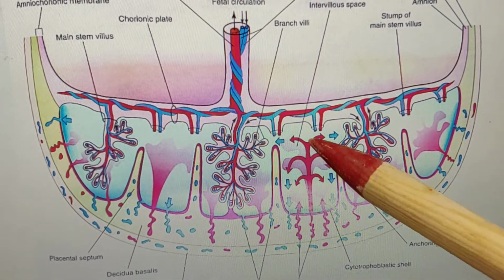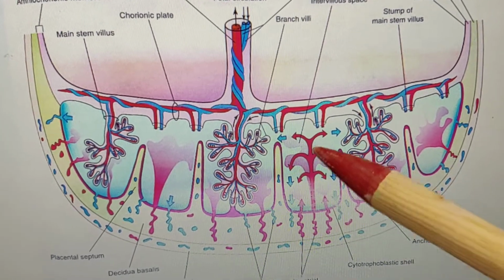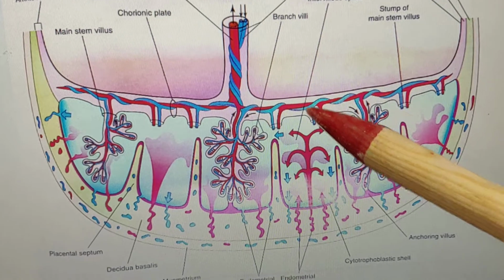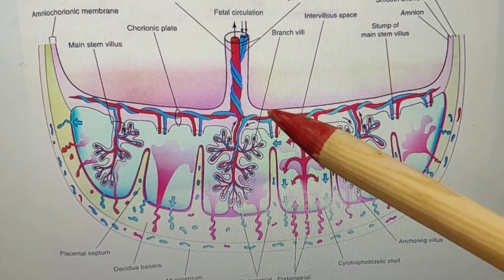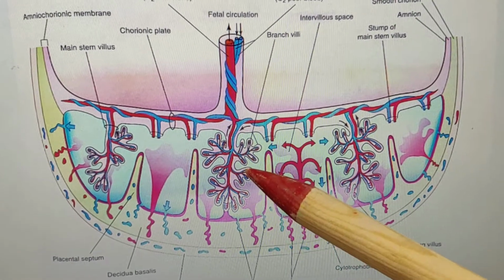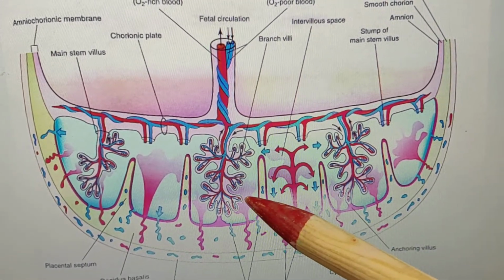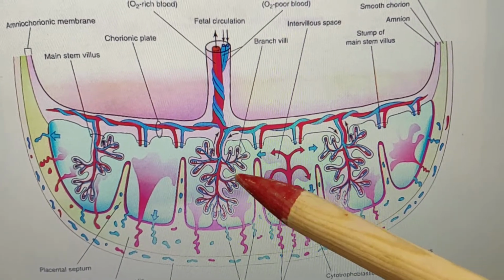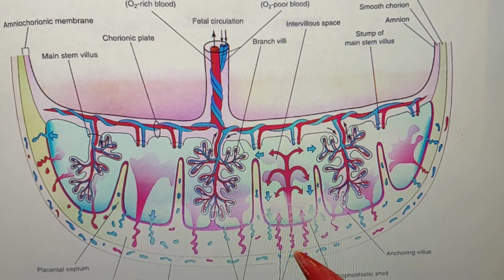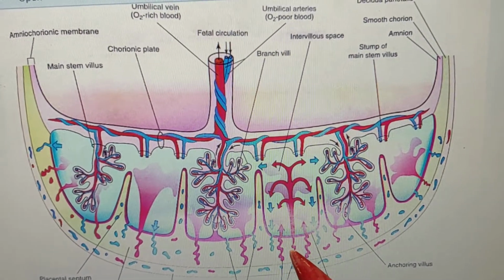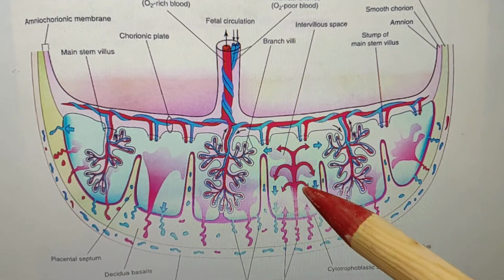This is the oxygenated blood carried from the mother to the placenta, and the exchange between the mother and the fetal blood takes place through this thin membrane that forms the wall of the villi that we have discussed in the previous class. So it is the spiral artery that brings the oxygenated blood to this intervillous space.